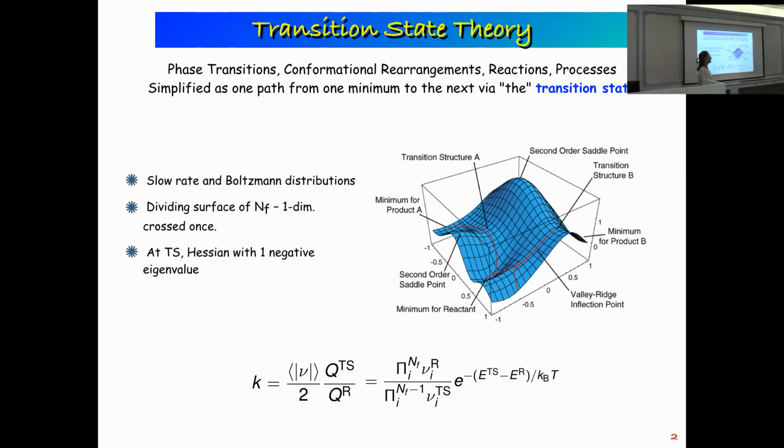In doing that, obviously we neglect processes that might involve other coordinates, so we are already simplifying the system.